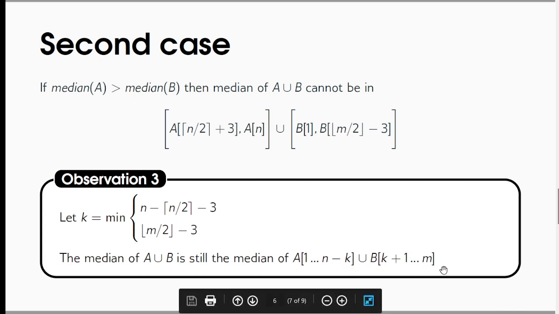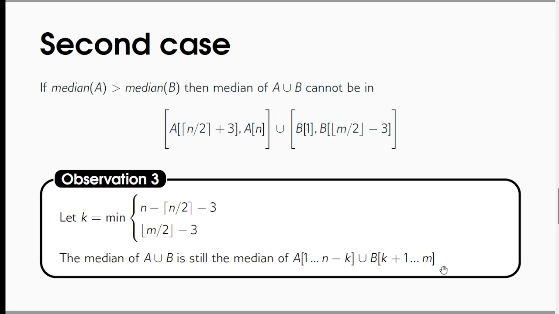When we throw away the k leftmost elements of B, we throw away k elements that are smaller than the median. Now we can recurse on the remaining elements of A and B, because we didn't change the median. The median of A and B is still the median of the remaining elements. So we do this recursively.